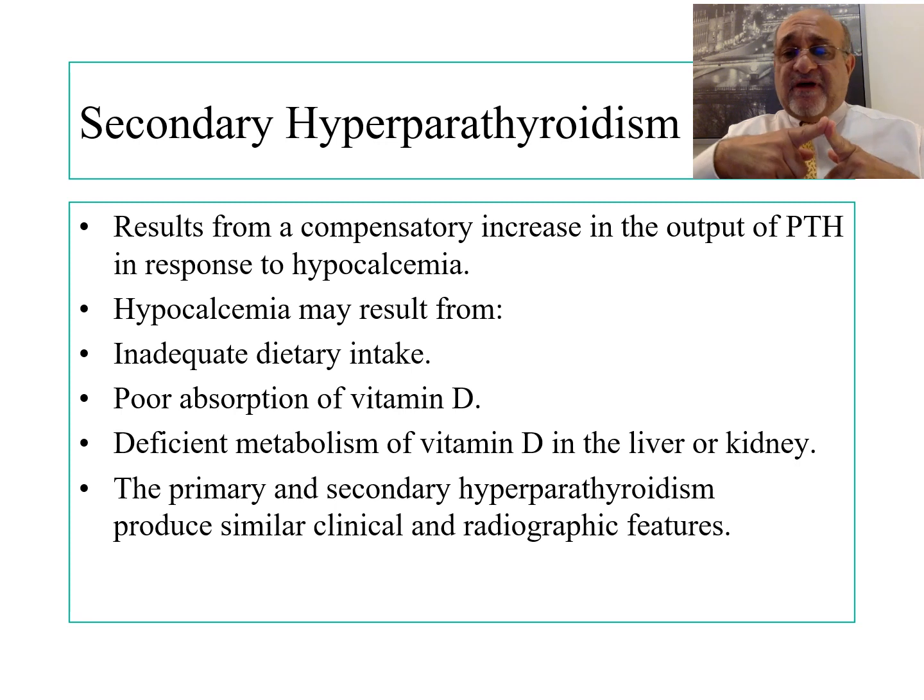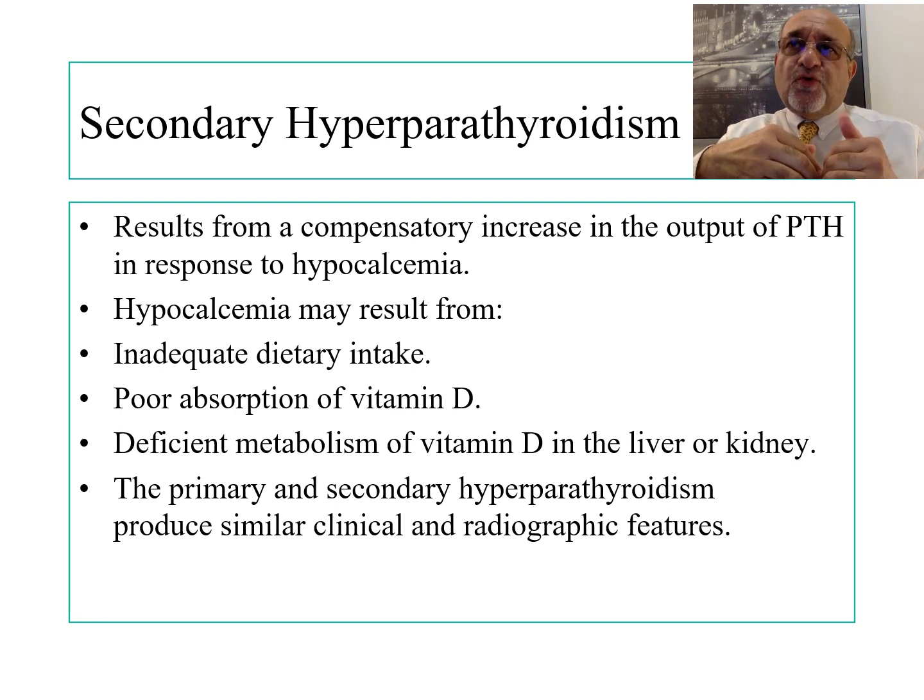Secondary hyperparathyroidism, on the other hand, results from a compensatory increase in the output of parathyroid hormone in response to hypocalcemia. So there is a deficient amount of calcium in the blood.